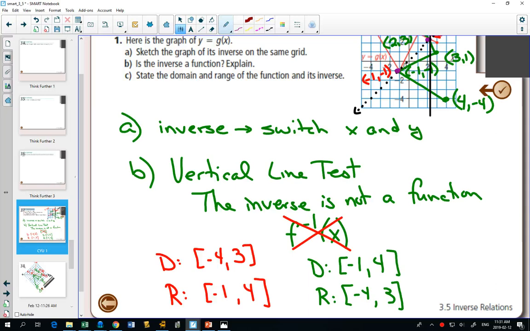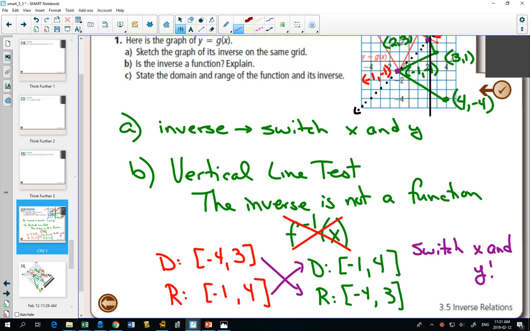Compare the domains and ranges. What do you notice? They just got switched, right? This one, the domain, became the range, and this one, the range, became the domain. Why? Because the main idea of an inverse is that you switch x and y.